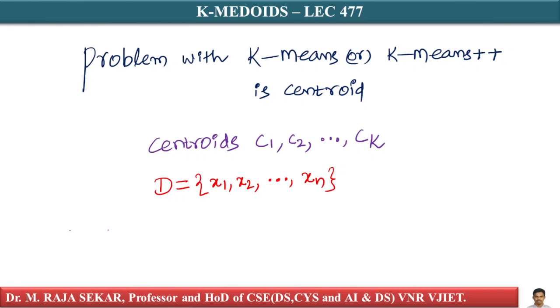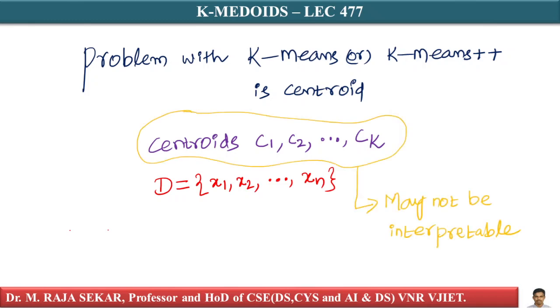When you want to interpret these centroids C1, C2, so on, Ck, they may not be interpretable. Let me explain this with an example.